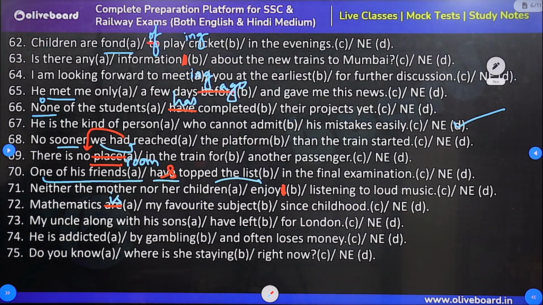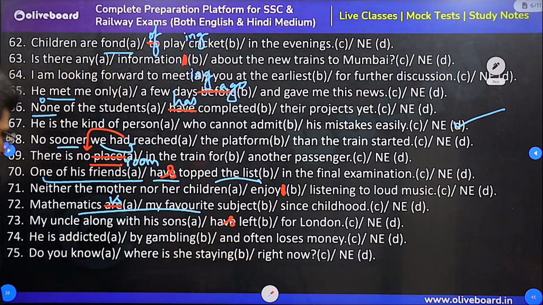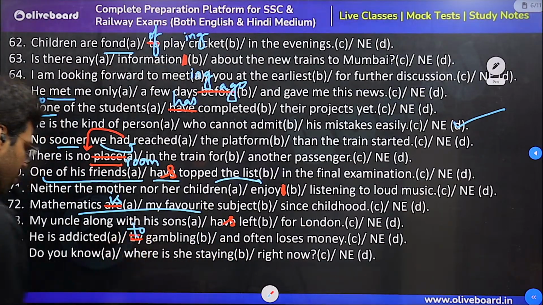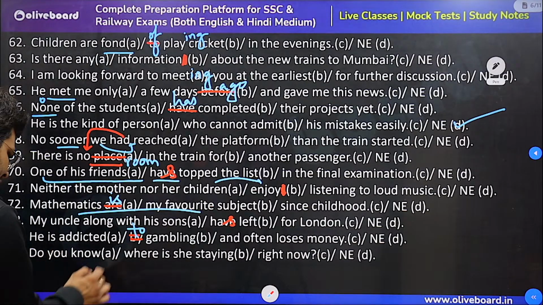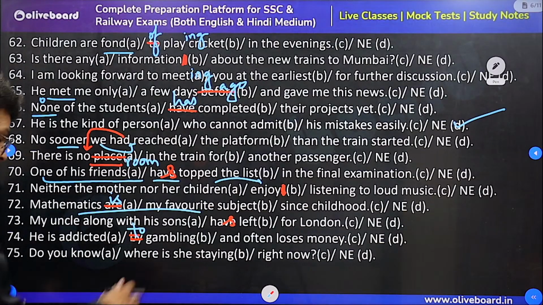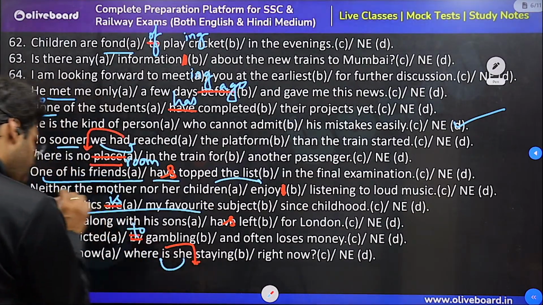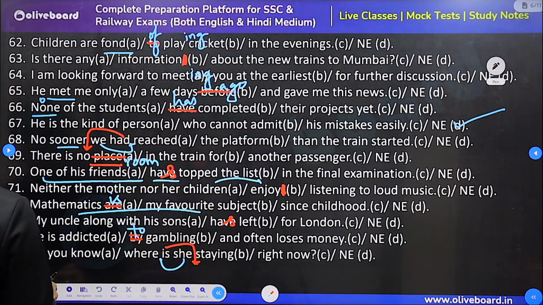My uncle, along with, takes the first one, has left. He's addicted, no, it's two. Addicted to, accustomed to, subject to, object to, prone to. And do you know is already interrogative. Need not put the interrogative tone again. Where is she? No, where she is. That's already interrogative. Double interrogative will be problematic.